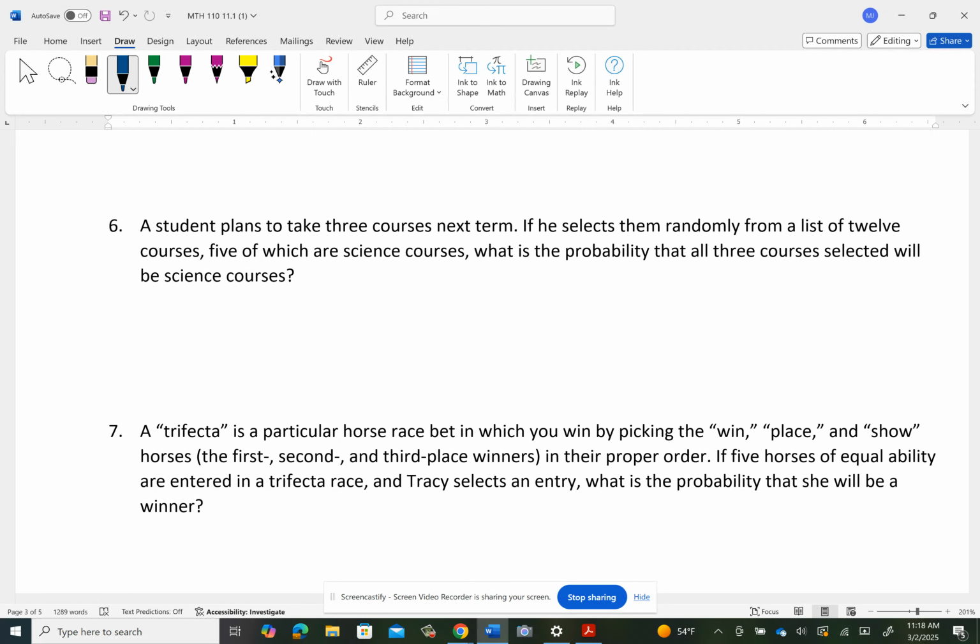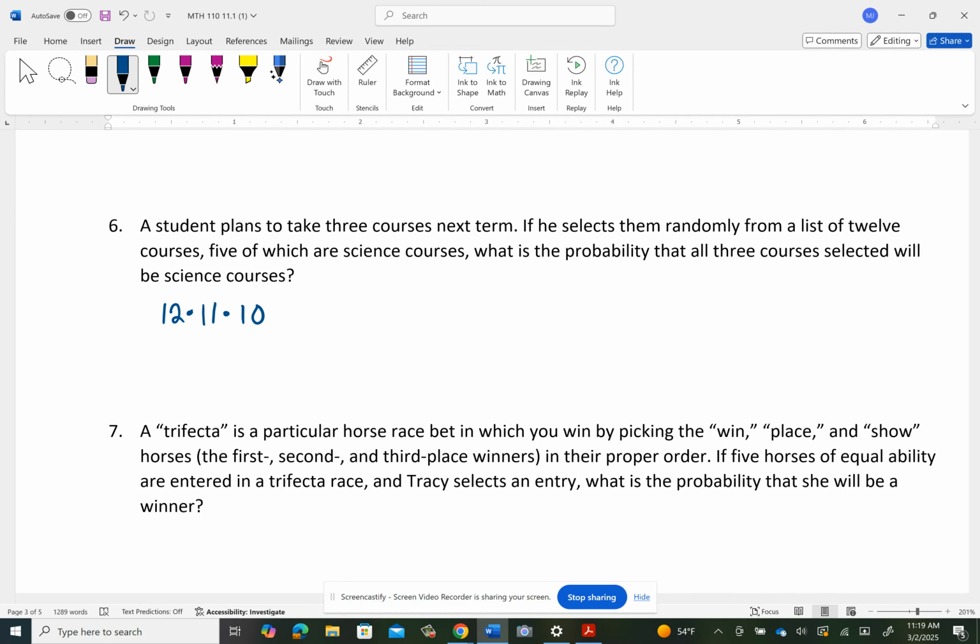Okay, so it's like we have 12 to choose from in the first spot. Then there'd be 11 to choose from in the second spot. So 12 to choose from. Then there'd be 11 to choose from, and then 10 to choose from for getting all the possible selections of 3 courses. Okay.